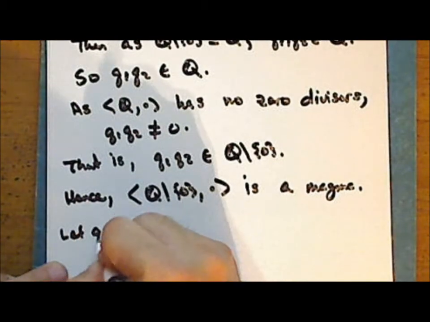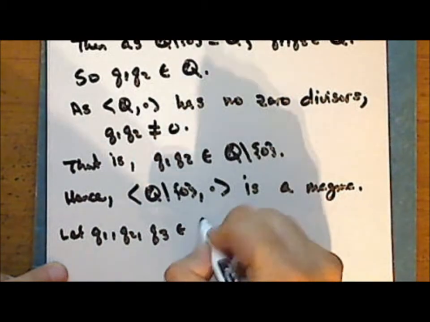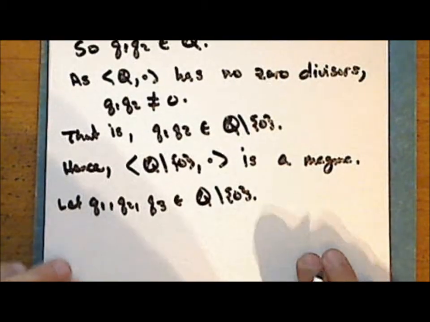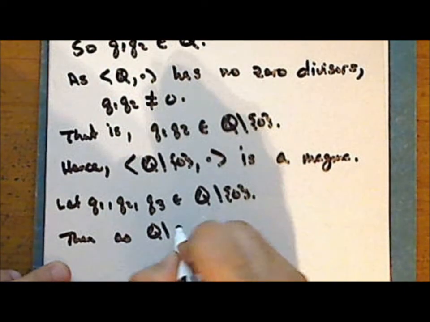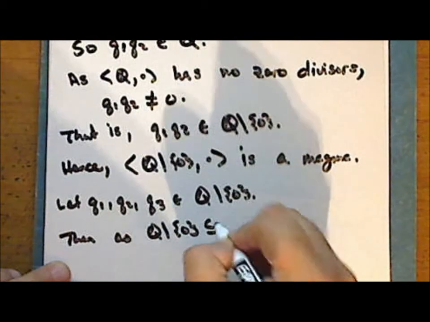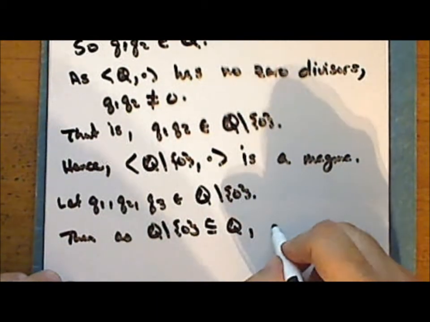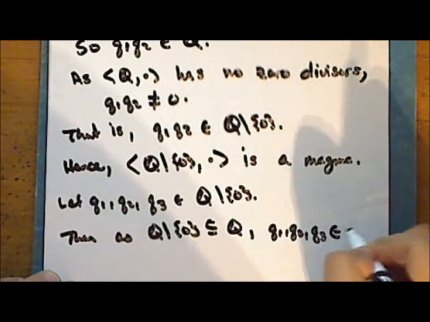So let q sub 1, q sub 2, and q sub 3 be non-zero rational numbers. Then, as the non-zero rational numbers is a subset of the entire set of rational numbers, the numbers q sub 1, q sub 2, and q sub 3 are rational numbers.